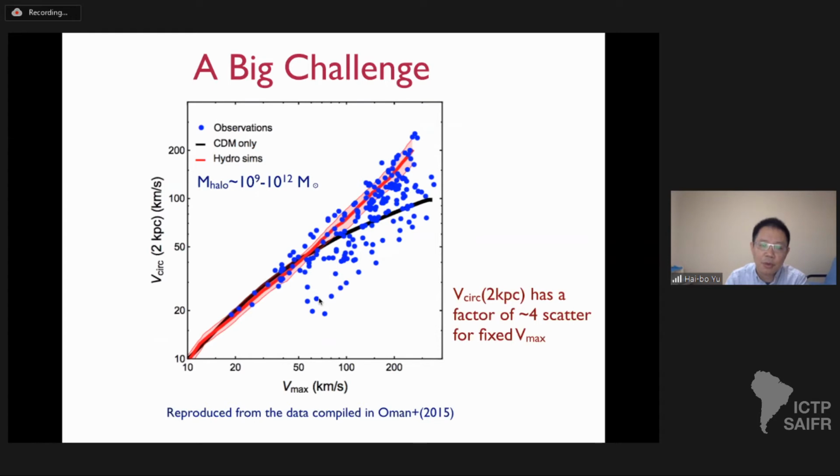Each blue point represents a galaxy, and what you can see is that for a given Vmax, the spread in V2kpc is a factor of 4.